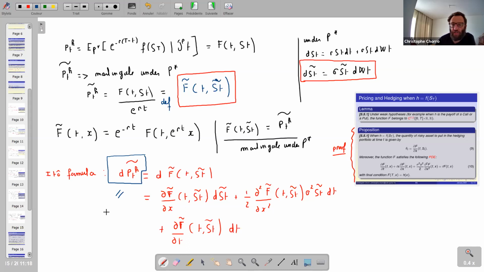By the self-financing condition, a P star admissible financial strategy is self-financed, so the Ito differential of the value is equal to theta_T dS_T tilde. It's a consequence of the proposition, just let me remind you, of the self-financing condition.